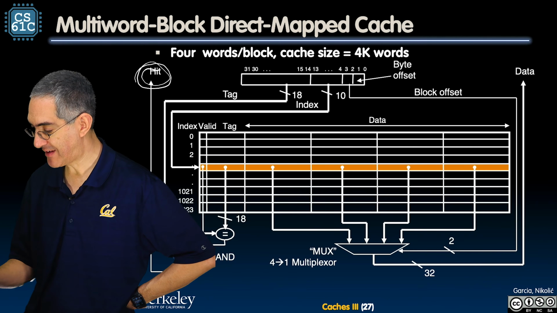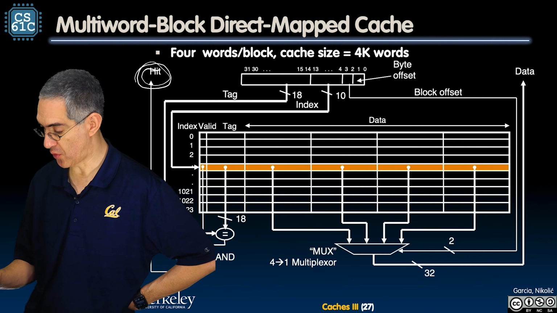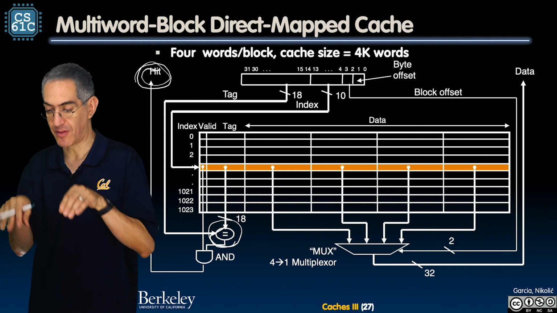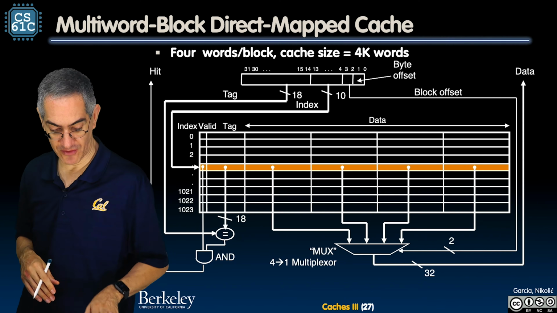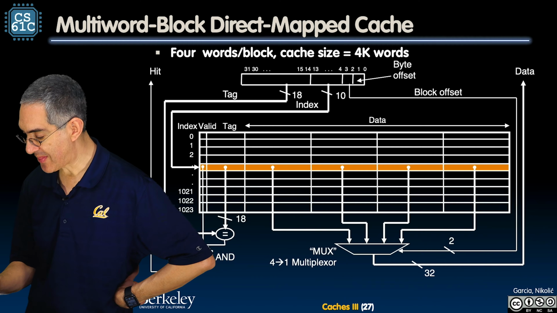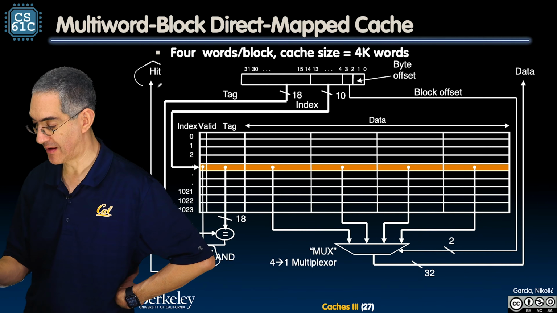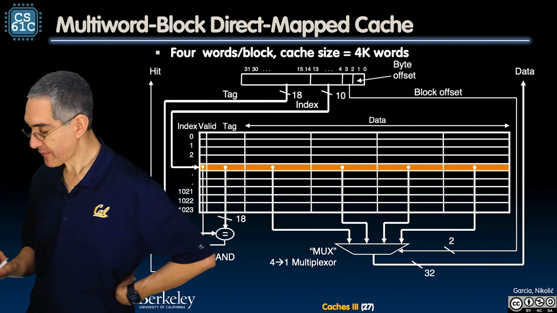So I take my 18 bits of the tag, compare with the 18 bits of the tag that's stored in that row, and I do a comparison. There's an equal sign there. So that means they just compare. If they're the same, there's a 1 at the output of that box. If they're not the same, that's a 0. And only when I AND that with the valid bit, so only when it's valid and they're equal, do I have a hit. So that's already kind of interesting.